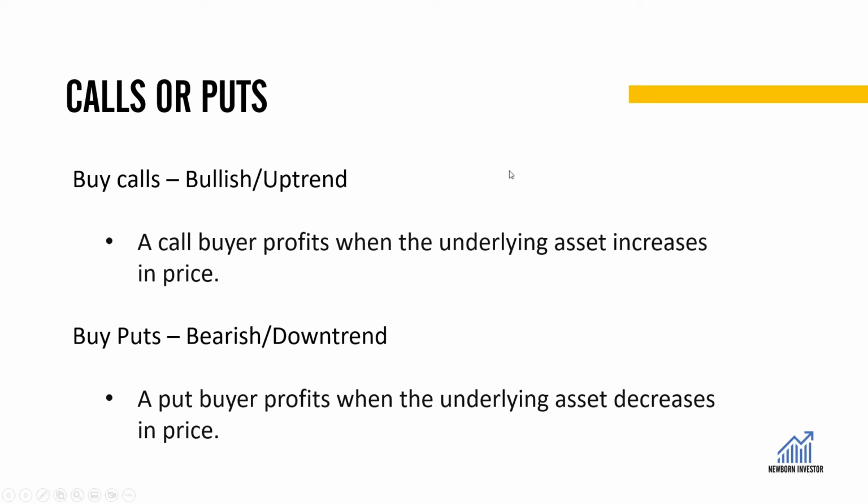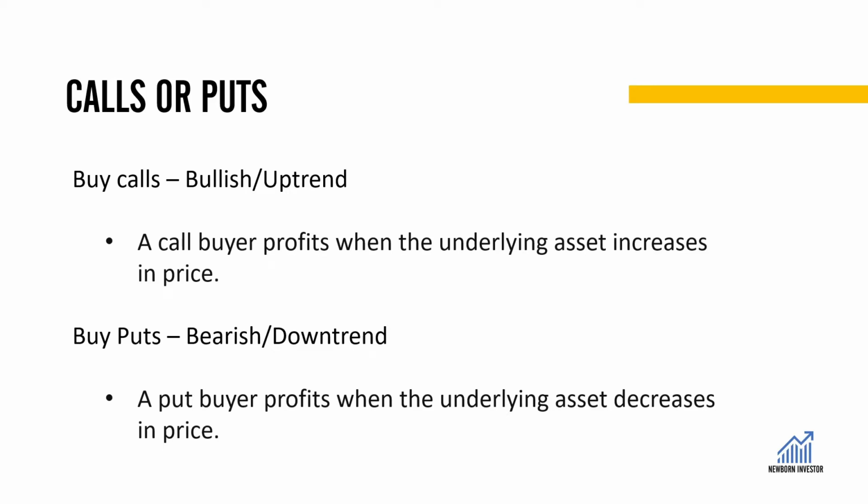A call buyer profits when the underlying asset increases in price. If I'm assuming that a stock price is going to go higher, I buy calls at a cheaper price, and then when the stock moves, it takes the option premium also higher, and I could sell the same option that I bought for a lower price at a much higher price, and then I get to keep the difference.